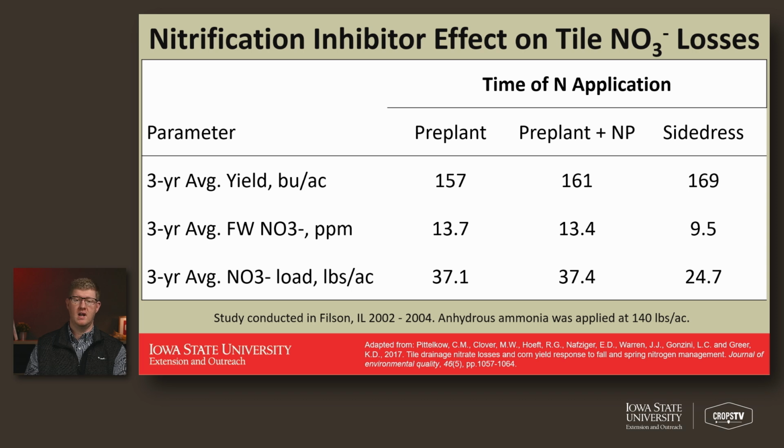There's really no difference in flow-weighted concentrations with or without an inhibitor. And then the bottom row is nitrate load. This is on average, in a given year, how many pounds of nitrogen per acre are actually leaving through the tile system. And again, what you'll notice is really no difference from having that inhibitor applied in this case.